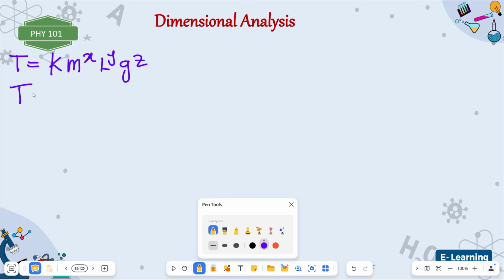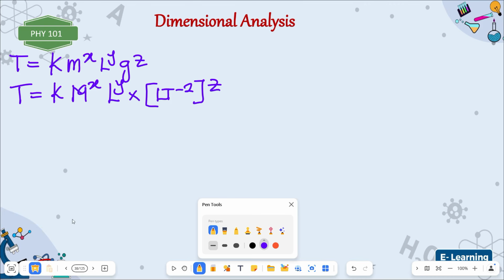Substituting their dimensions, T is T, because we have our K. M is capital M, which is mass, raised to the power of X. L is still capital L, which is length, raised to the power of Y. But for G, the dimension for G is LT^-2, which is raised to the power of Z.